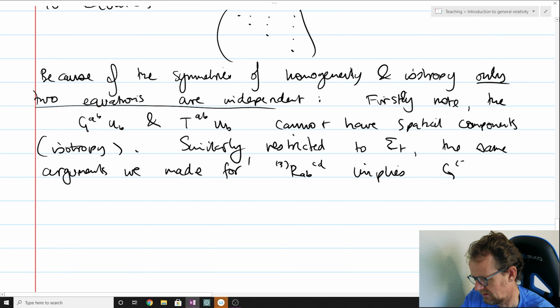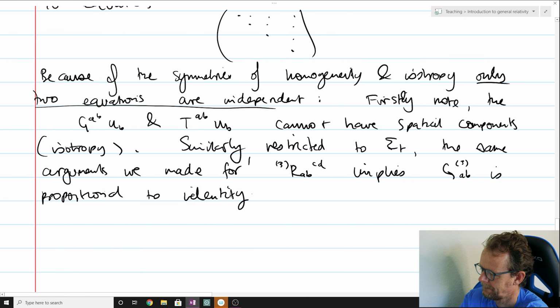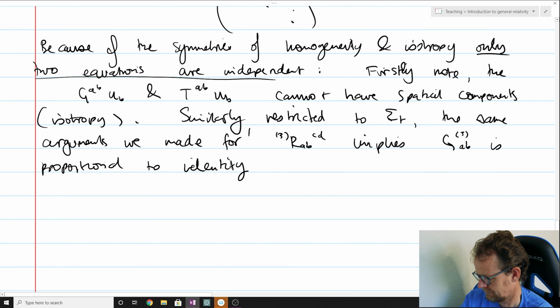It implies that the three-dimensional Einstein tensor is proportional to the identity. Otherwise, you could select out a distinguished vector. So the off-diagonal terms of star, they vanish.